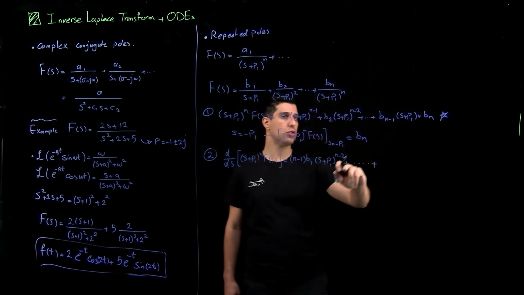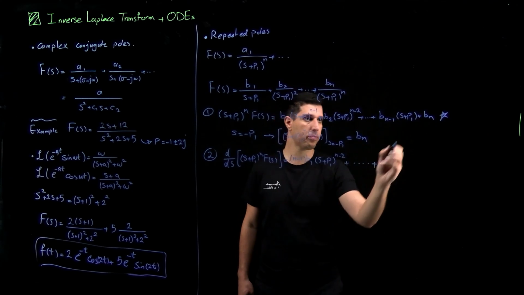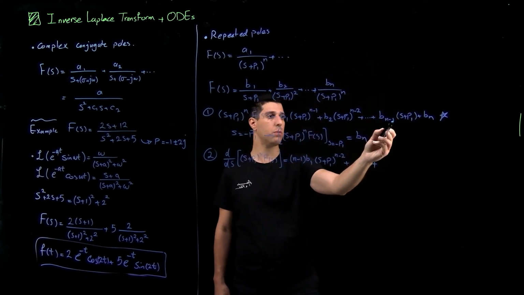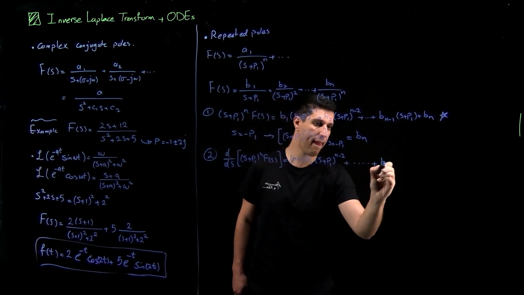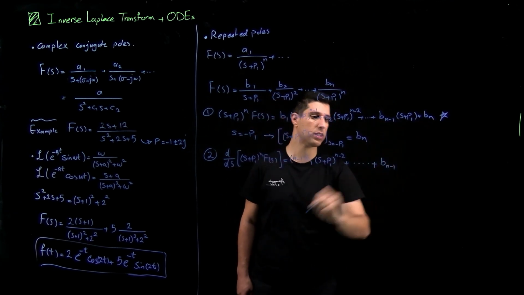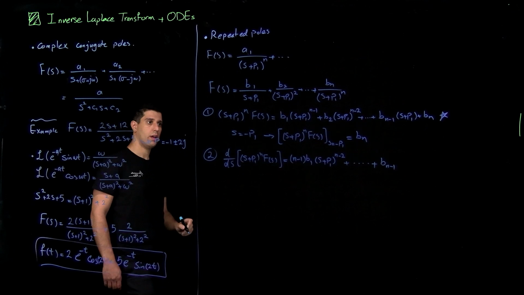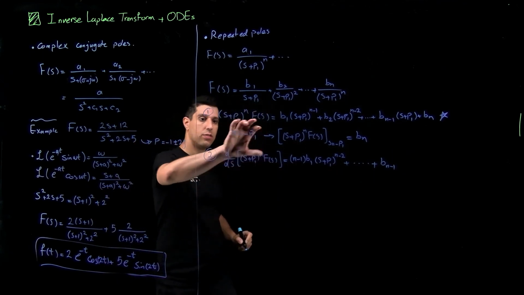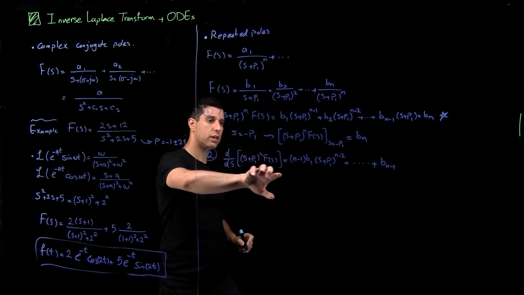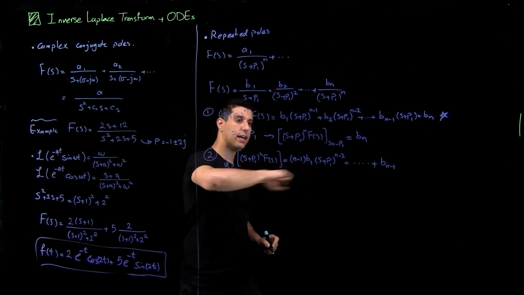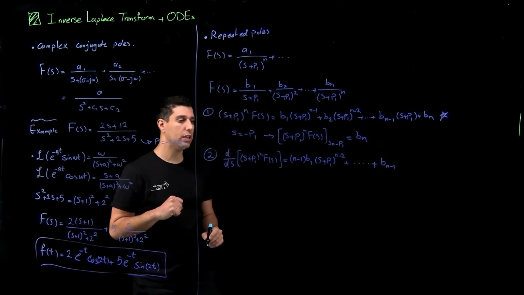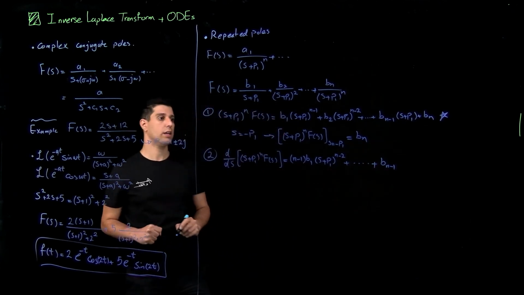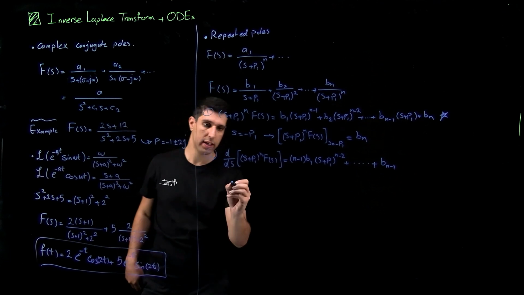We reach the last two. The derivative of this term is only b n minus 1, and that one is 0. Now if we evaluate the first derivative at s equals minus p1, that should give us the second to last.